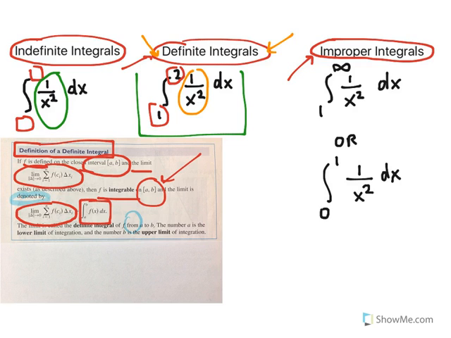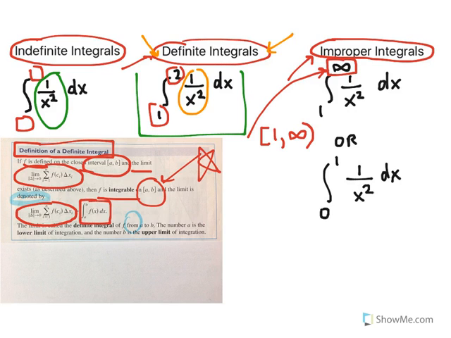So that's one way in which you can have something that doesn't fit this definition. What if you don't have a closed interval, such as we have here? The upper limit of integration is infinity, so the interval is from 1 to infinity, which is not a closed interval. So that's one way in which you can have an improper integral.